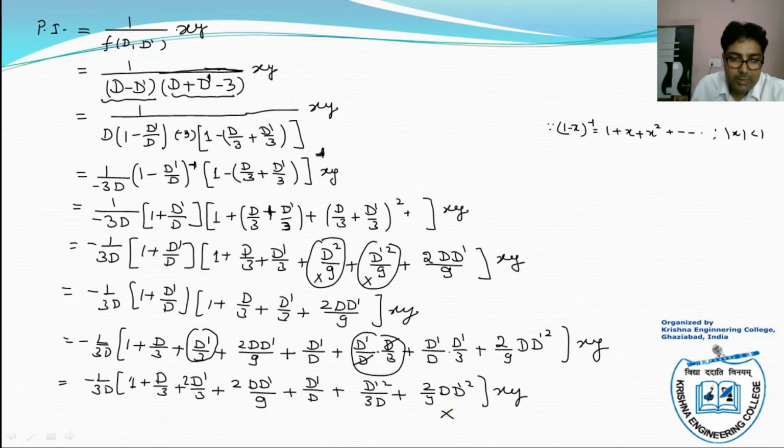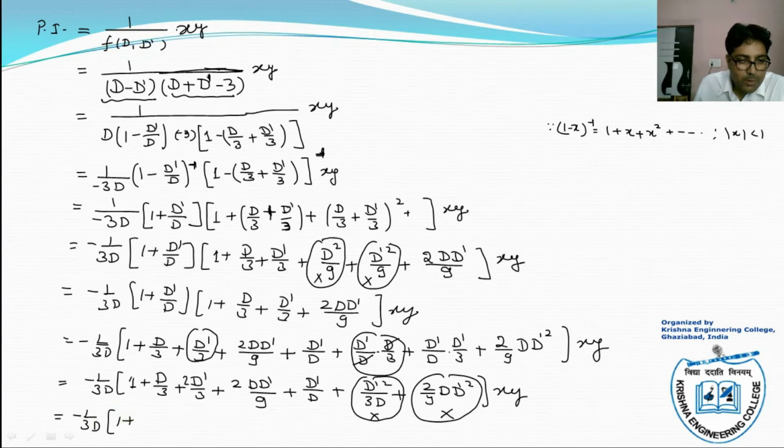Again we reject these terms because y has the degree 1 and D dash is the derivative corresponding to y. So we cancel out these two terms. Now we get minus 1 upon 3D, 1 plus D by 3 plus 2 by 3 D dash plus 2 by 9 D D dash plus D dash by D, xy. Clear?